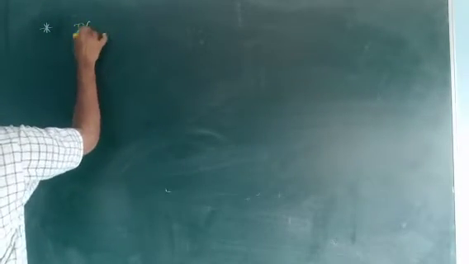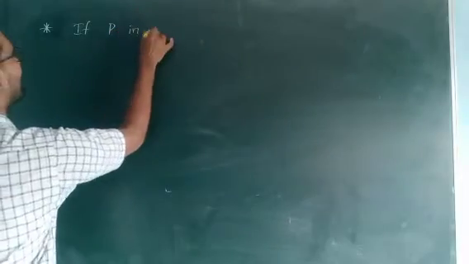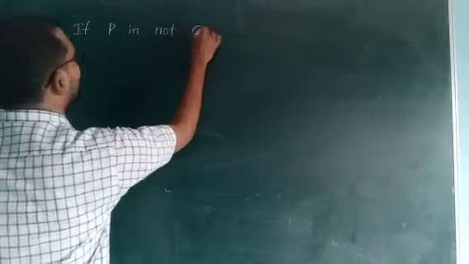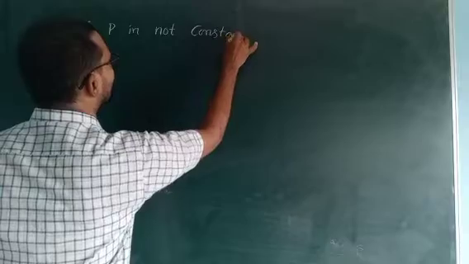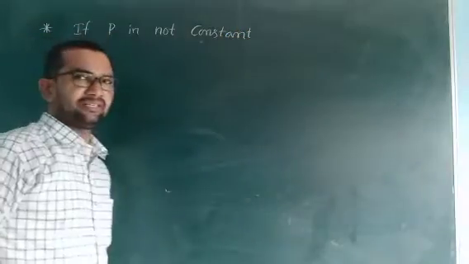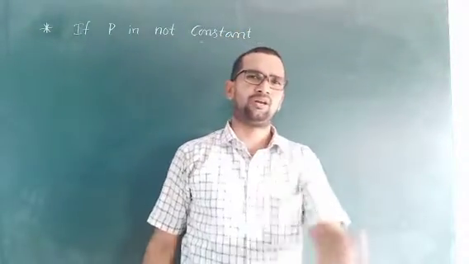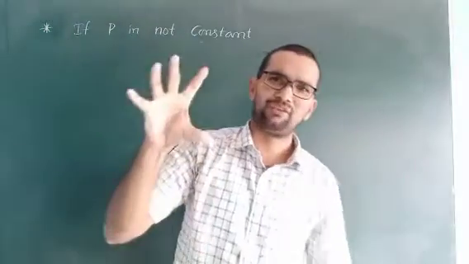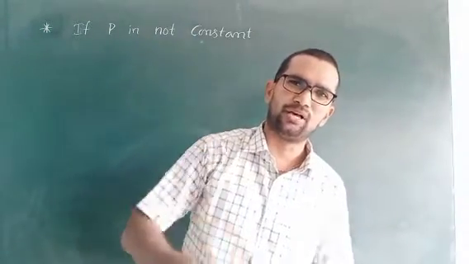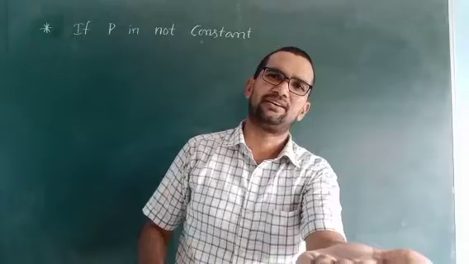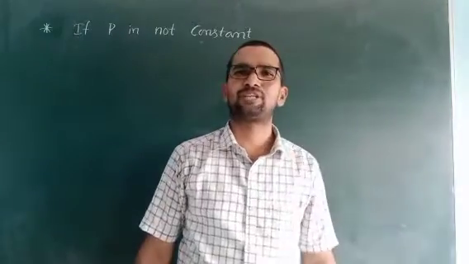If P is not constant, then what is the relation between rate of diffusion and pressure? We know very well, if you apply more pressure on the balloon, rate of diffusion increases. So both are directly proportional to each other.